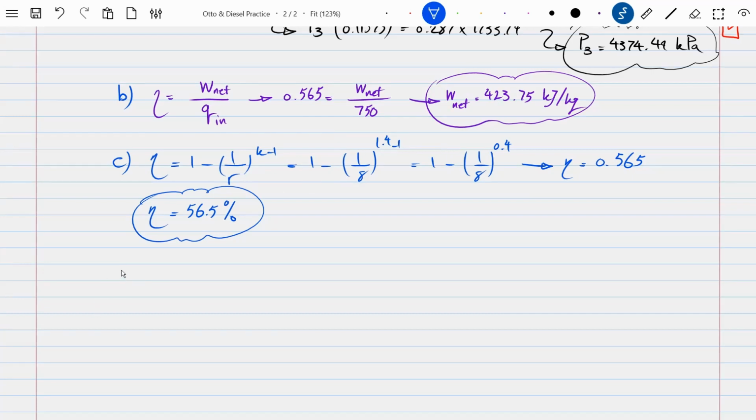For part D, we are tasked to find the mean effective pressure. Now, the mean effective pressure, sometimes shown by MEP, sometimes shown by PMEFF, is defined as the net work output over the displaced volume.